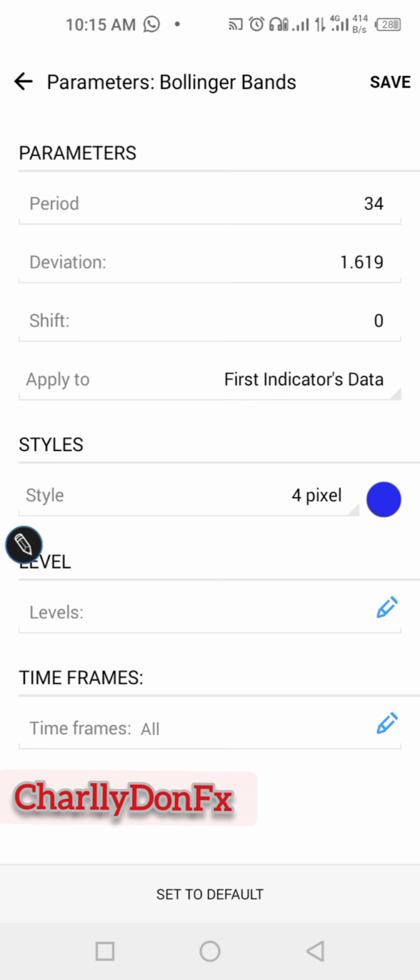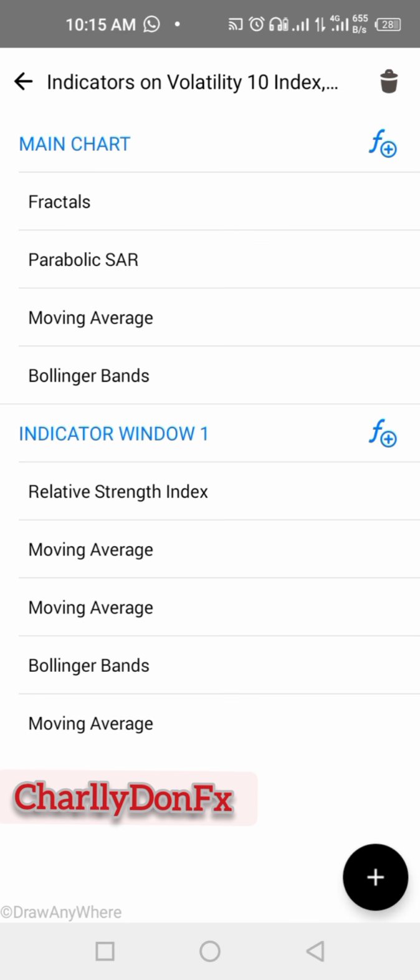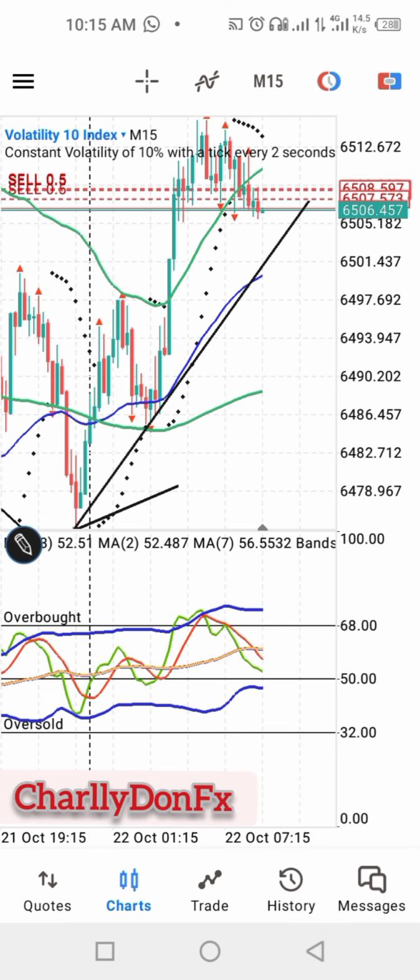You choose the color of your choice. And the last but not the least is our moving average. The parameters are period 34, shift 0, method simple, apply to first indicator's data. Style 3 pixel. Choose the color of your choice, guys.